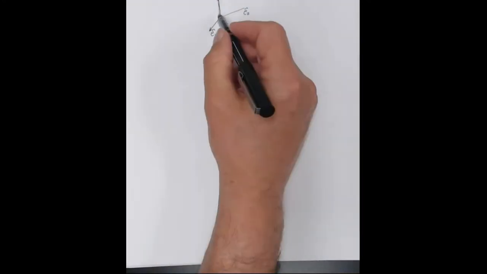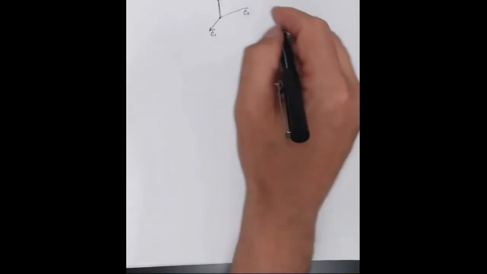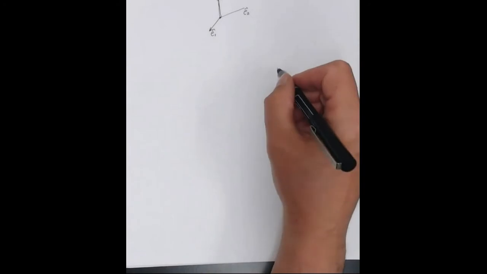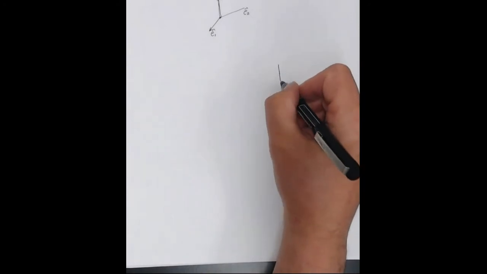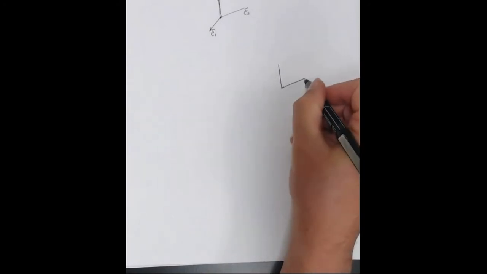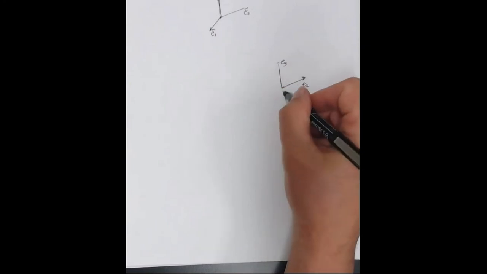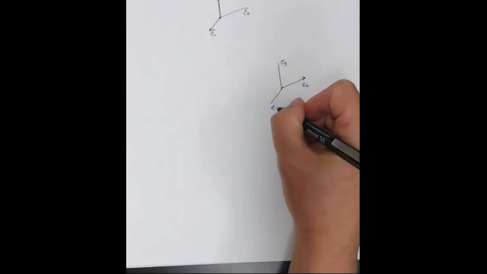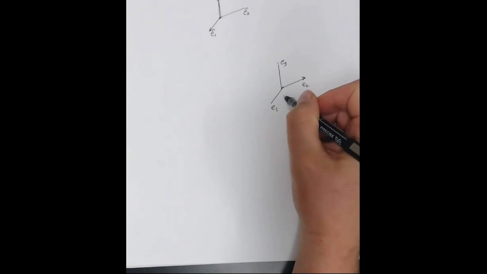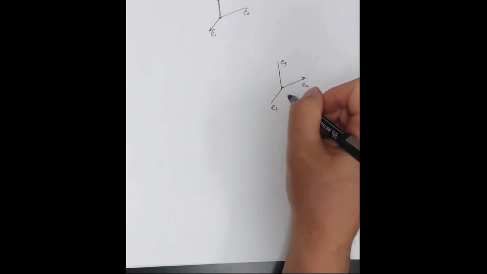So that's my rotating frame. And how is it rotating? Let me draw it down here again: E2, E3, E1. It can be rotating arbitrarily around any of the axes.